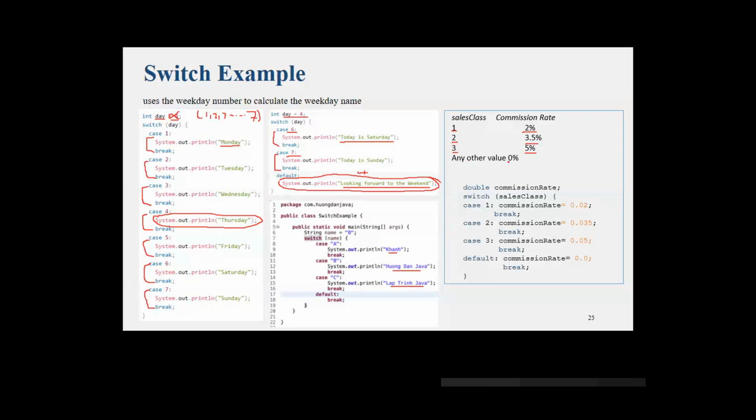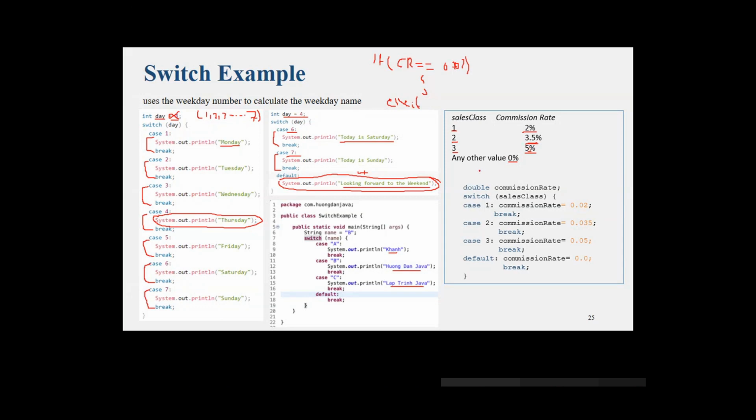If you have an if statement, then you need to write if commission rate equal to 0.02, then do something here. Else, and then you say else if, and then you go for the second one, and then the third one, and then the last one is else. So you have 3 statements.